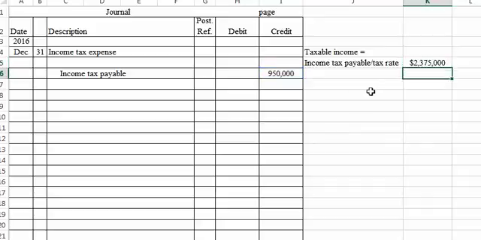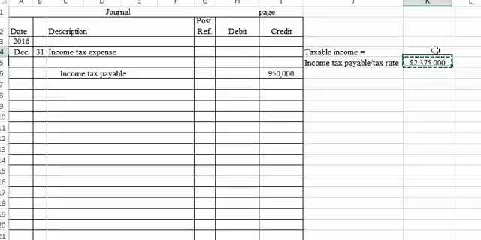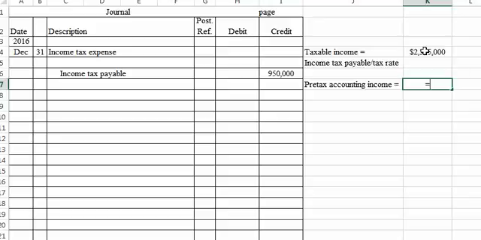So our taxable income is actually equal to $2,375,000. Now, our pre-tax accounting income or book income is going to be equal to our taxable income.